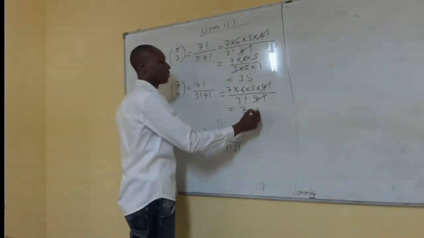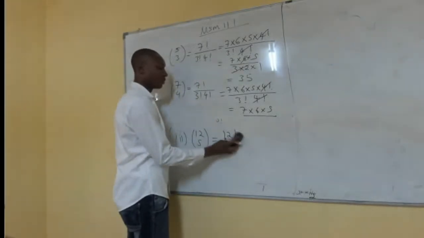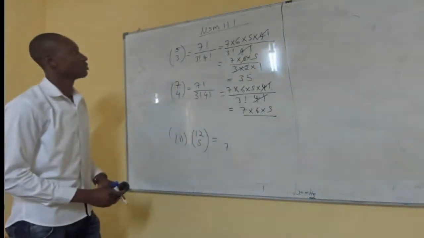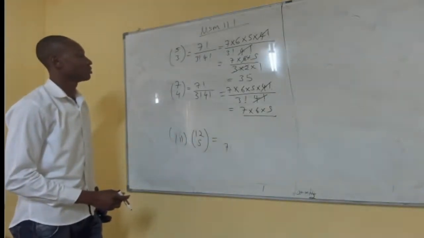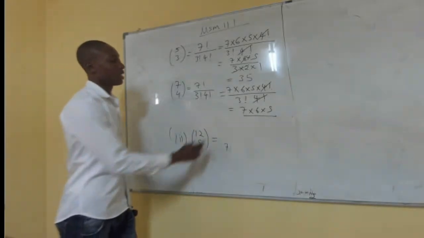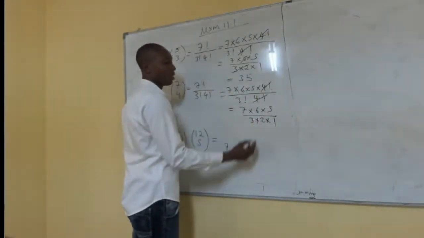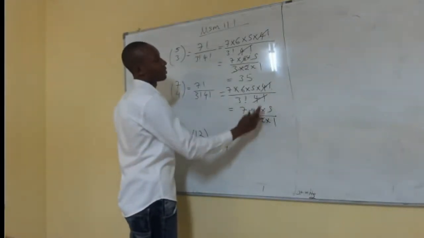Then as I said before, we know that 3 factorial is 3 times 2 times 1. 3 times 2 is 6, so this and this will cancel. What's 7 times 5?